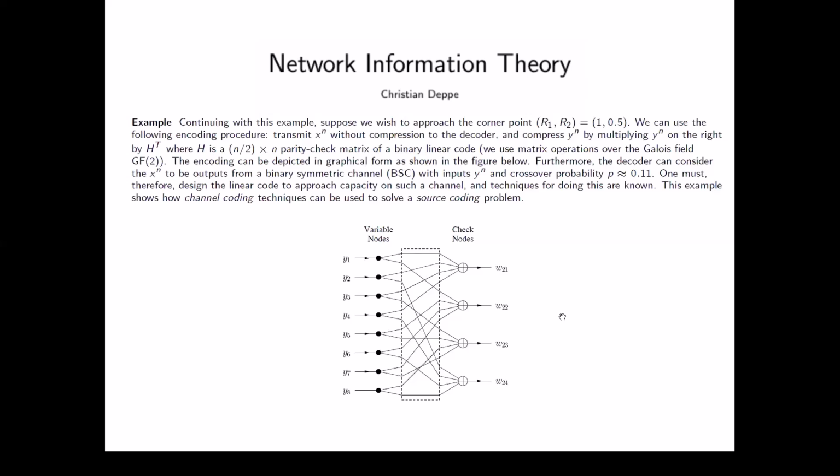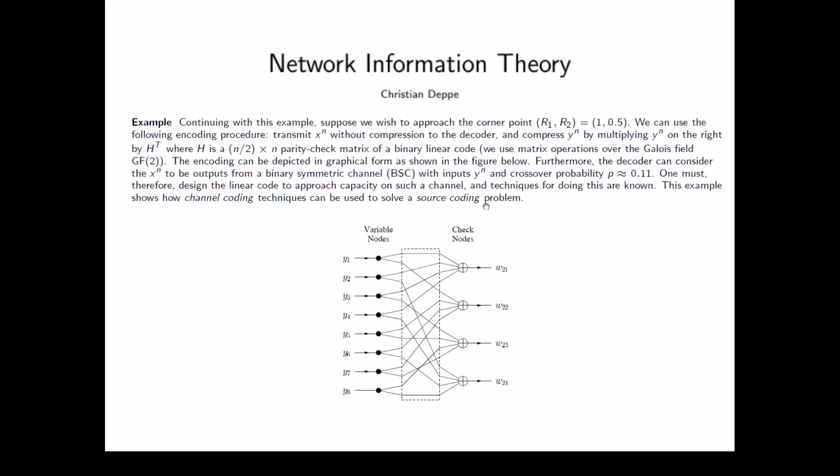This idea is somehow easy. For p equal to 0.11, the decoder can consider xn to be an output of a binary symmetric channel with inputs yn and crossover probability 0.11. Therefore, we have to design a linear code to approach the capacity of such a channel, and such techniques are known.